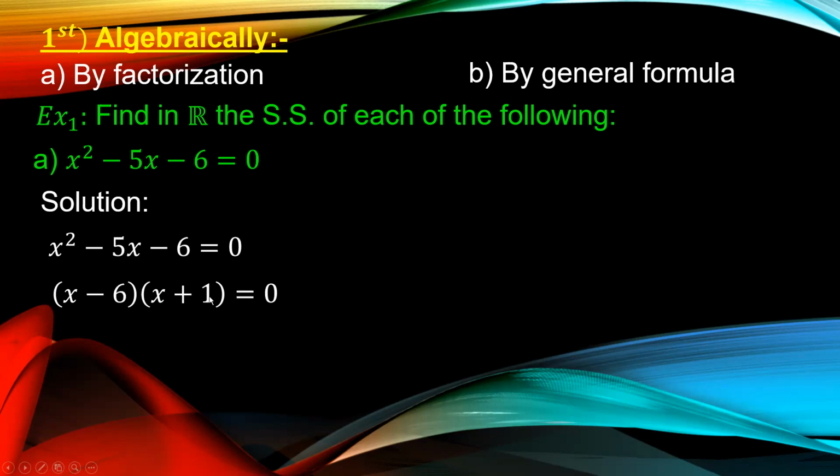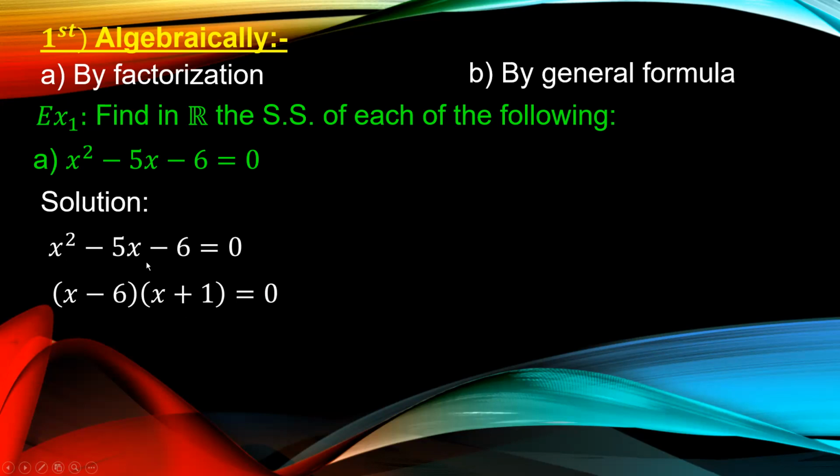It is 1 and 6: 1 times 6 equals 6 and the difference between them is 5. Then I will open two brackets and factorize x power 2 as x and x. The sign of the first will take the sign of the middle term, negative, and the other number the opposite sign, plus.